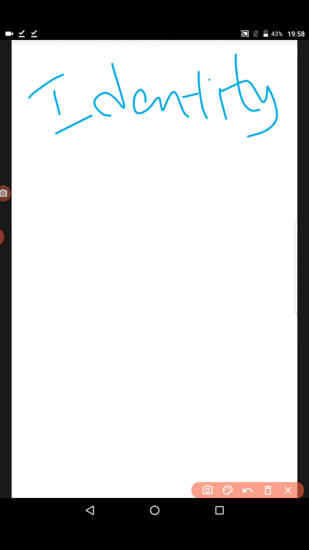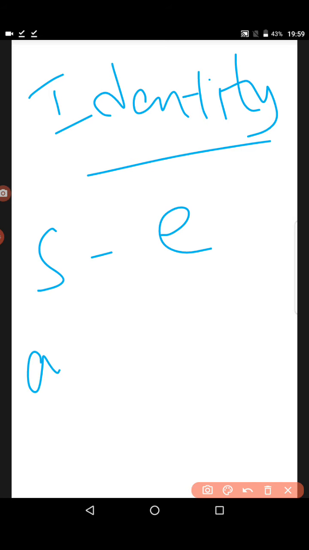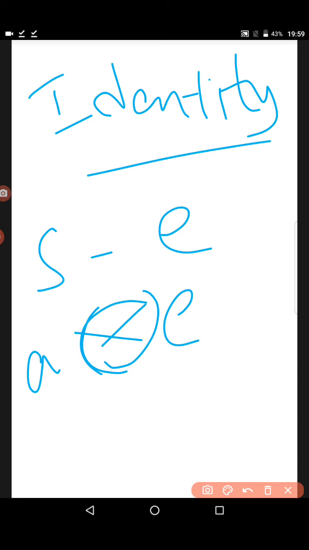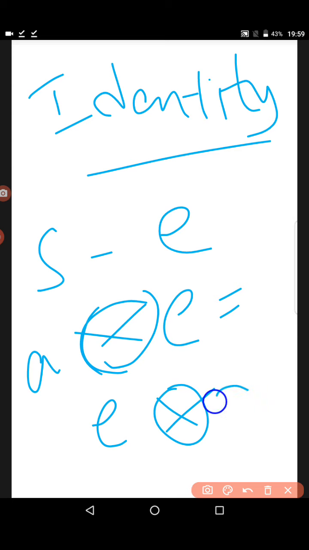A non-empty set is nothing but it is having some things. If there exists an element E in S such that A operation E will be equal to E operation A, that will be equal to A.